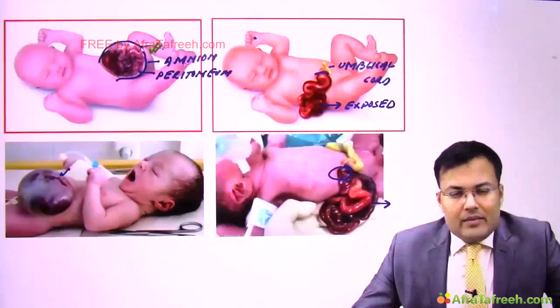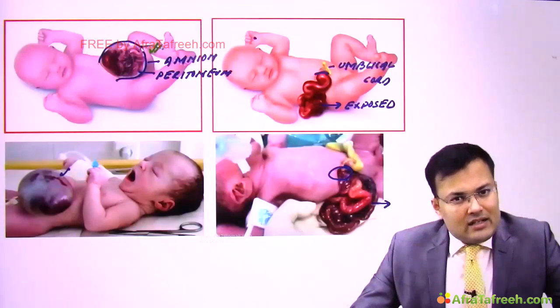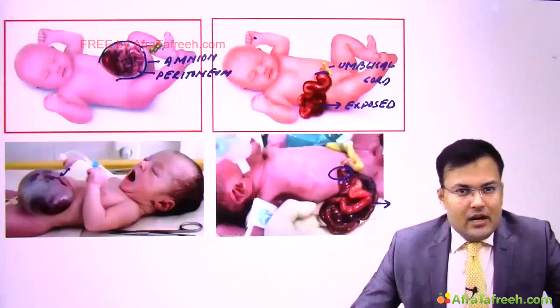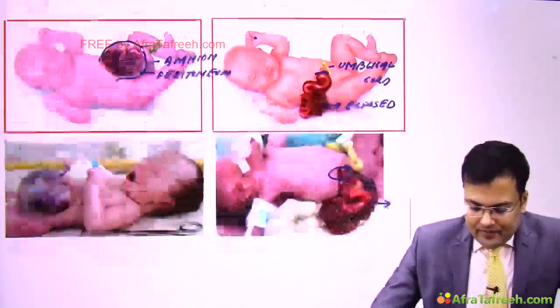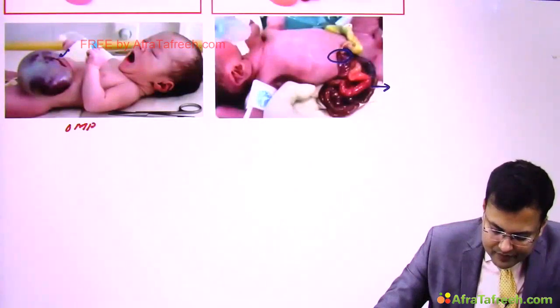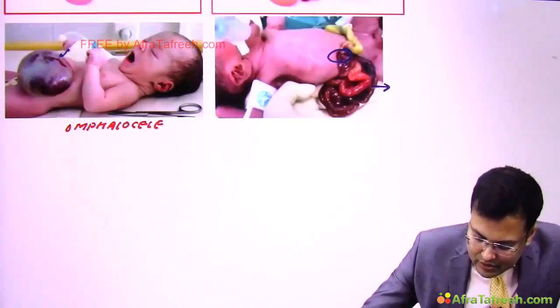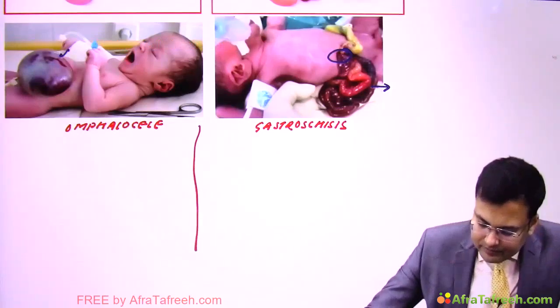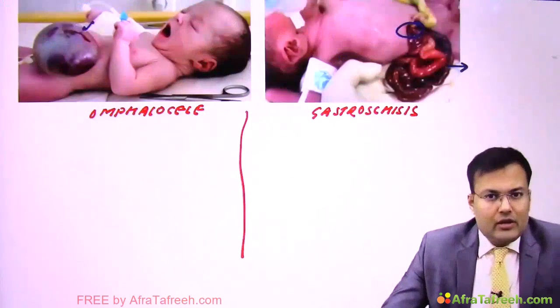These are the image based questions being asked continuously for the last 3-4 years. So we are going to discuss in detail omphalocele and gastroschisis. Clear? So what happens in omphalocele or exomphalos?